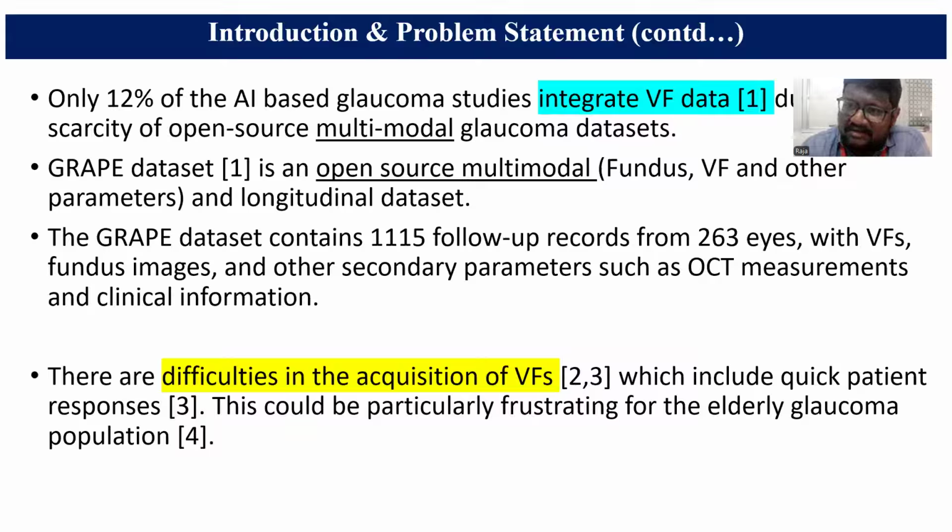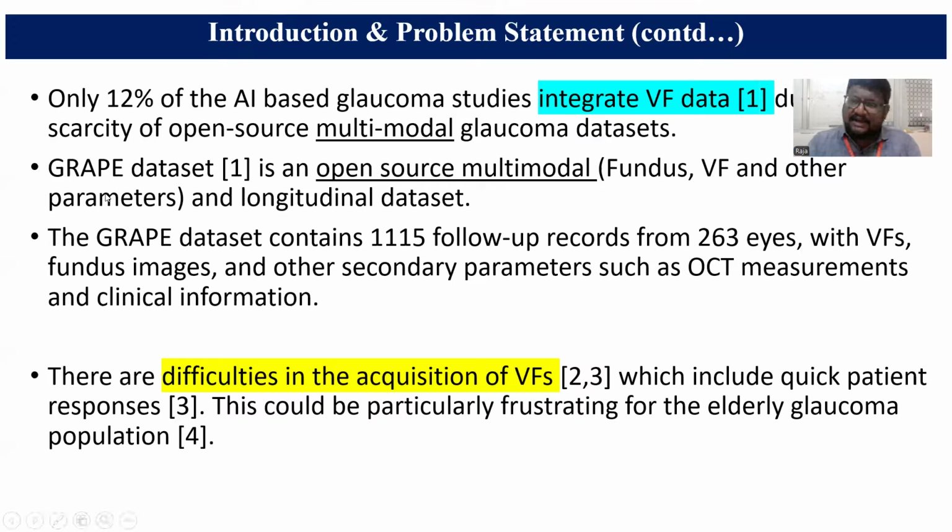If I tell a doctor that I am going to diagnose glaucoma with the fundus image alone, he may not be fully convinced. Why? Because the functional analysis gives some details and the structural analysis gives other details. Combining the details from all the modalities, the doctor is able to arrive at a conclusion. So that is the next level of research we are going to build, with structural and functional analysis.